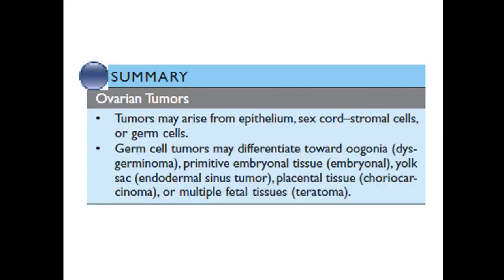Now, we come to the summary: the ovarian tumors arise from the epithelial tumors that we discussed in our previous lecture, sex stromal tumors, and germ cell tumors that we discussed today.